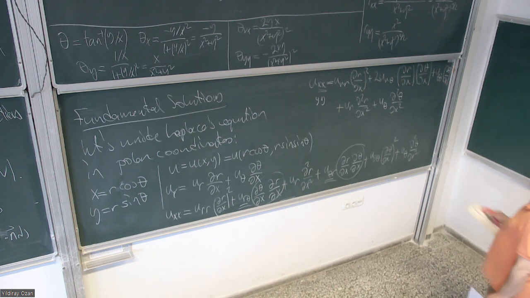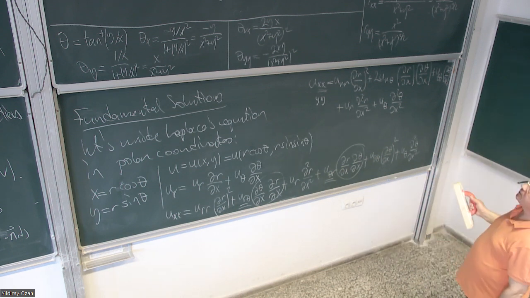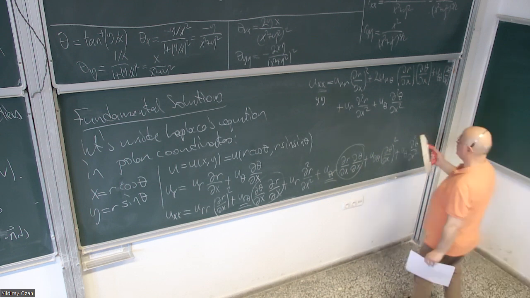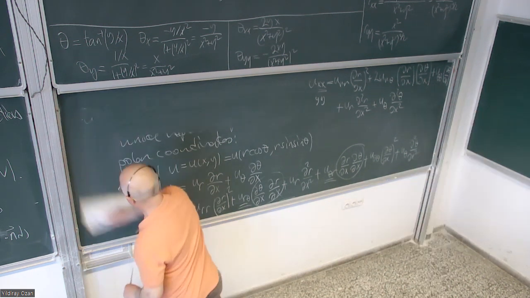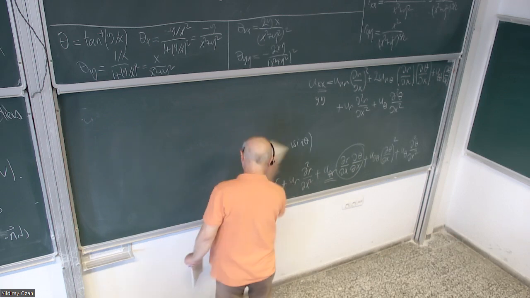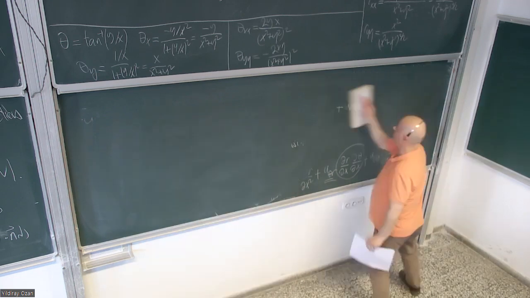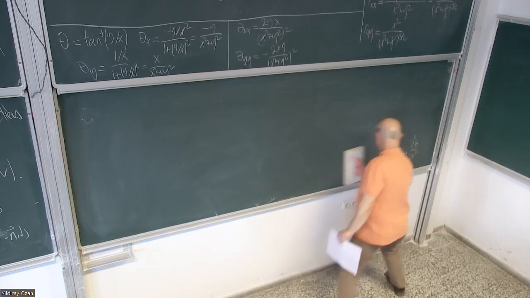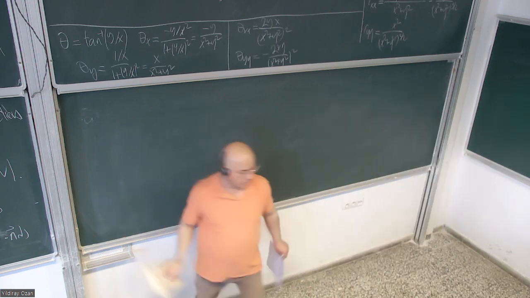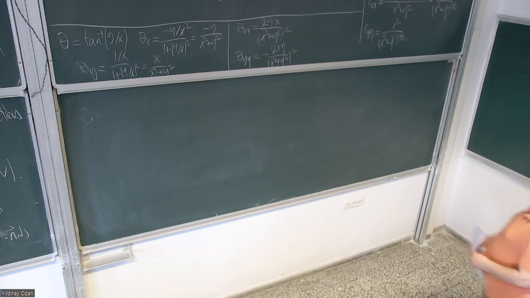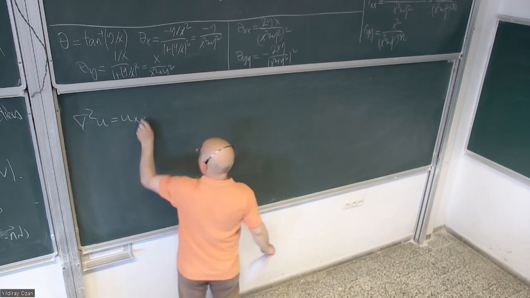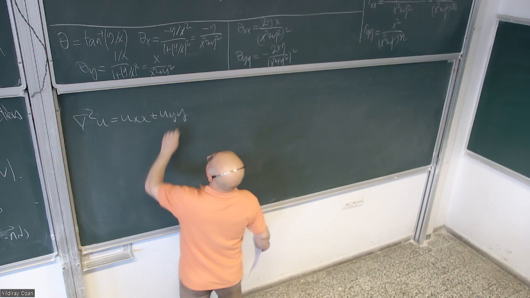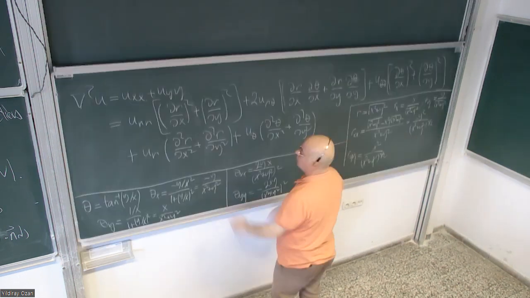All right. So let's write down the Laplace equation. Is it okay if I erase one? Let's not cry later. Okay. So the Laplace equation, del squared u, so u sub xx plus u sub yy, is equal to, well, what is this?